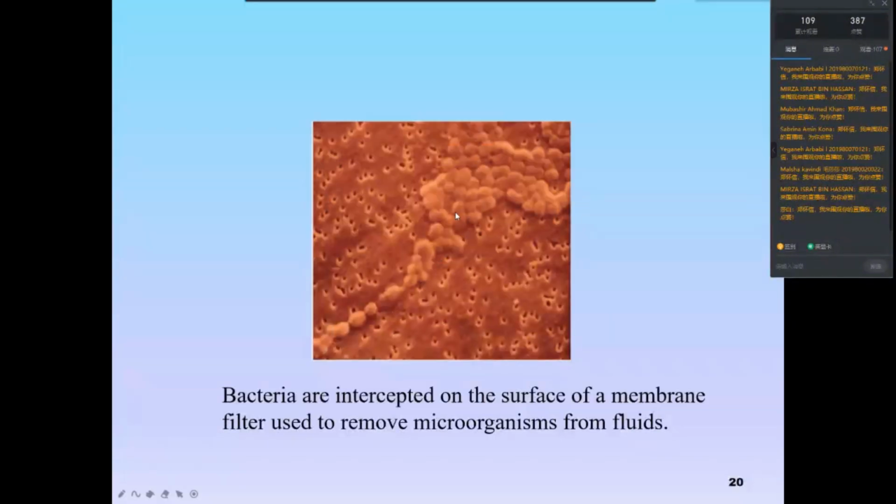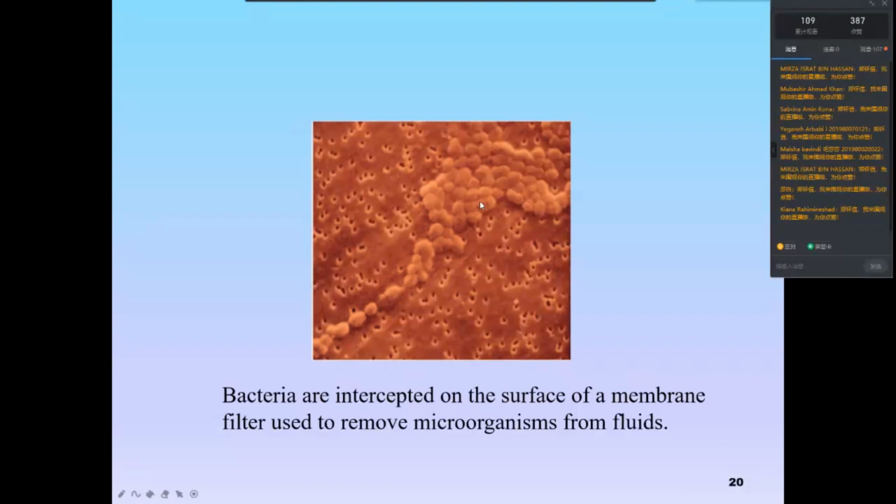Okay, so this is the filter after filtration. After you filter some solution, you take the filter out and then you observe it under a scanning electron microscope. And you can see that there are some round dots, little balls, on the filter. These are the bacterial cells. So the bacterial cells cannot pass through the filter but stick to the surface.